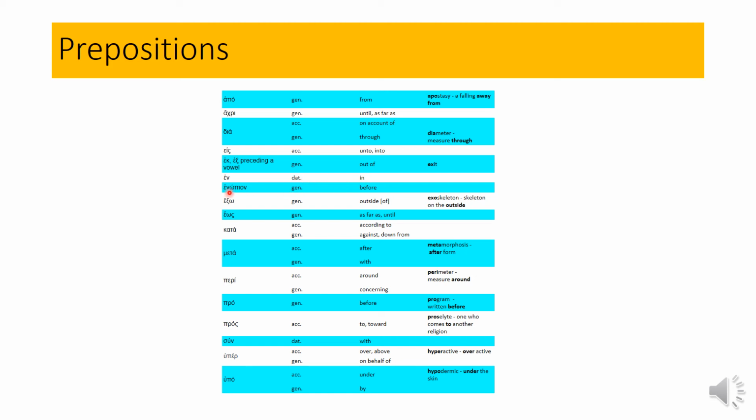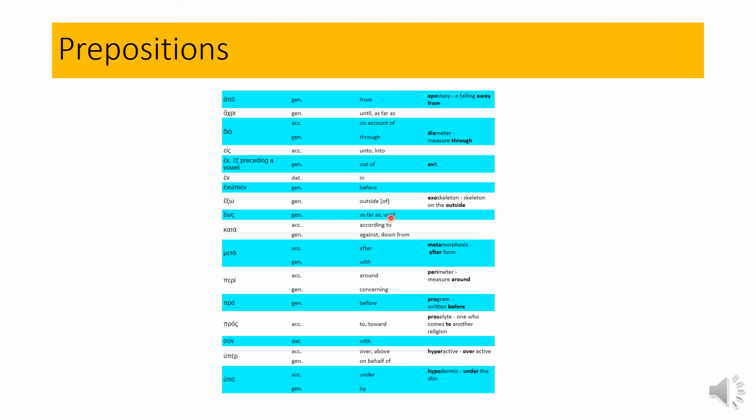The preposition enopion is used with the genitive case only and will be translated before. The preposition exo will be used only with the genitive case also and it will be translated outside of or on the outside. The preposition heos is also only used with the genitive case and will be translated as far as or until.